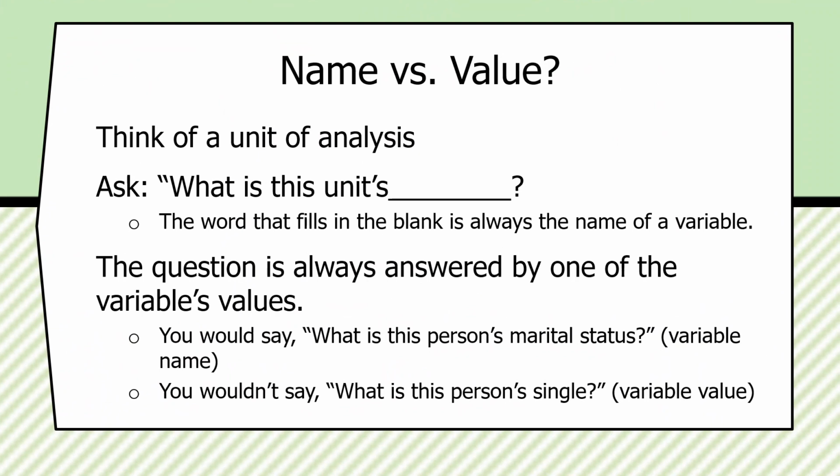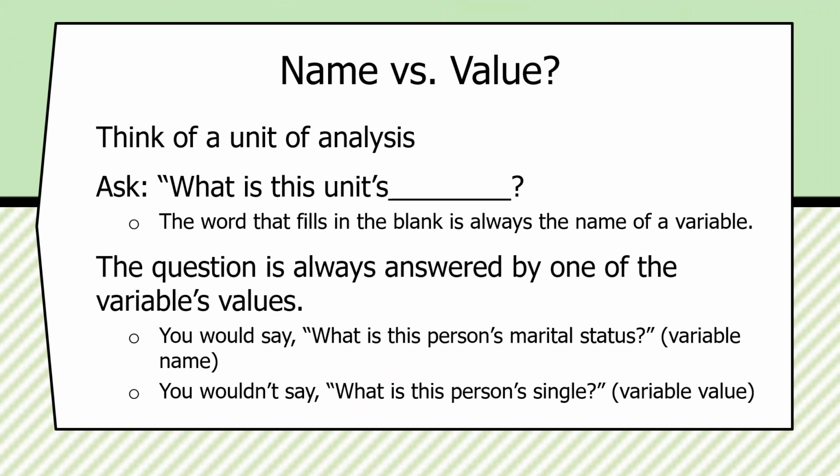The rhetorical question, or the heuristic question, is always answered by one of the variable's values. So you would say, what is this person's marital status? That makes perfect sense to say that. That's the name of the variable. You wouldn't say, what is this person's single, or what is this person's never married? That's one of the variable's values. So the blank is completed by a variable name. The question is answered by a variable's values. If you're ever confused by that, just use that little heuristic.